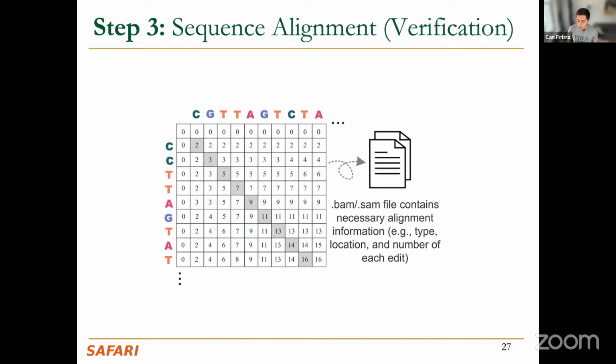So then the question is to finalize that, right? How can we tell quite confidently that the read and the reference genome at that given position are highly similar to each other, meaning they differ from each other by certain edit operations, right?